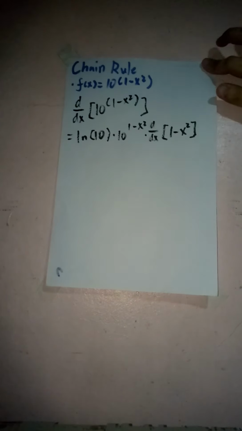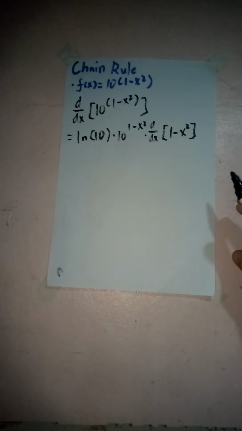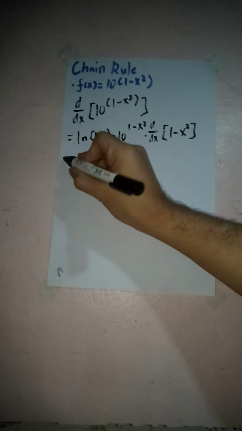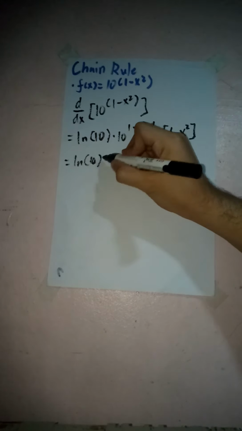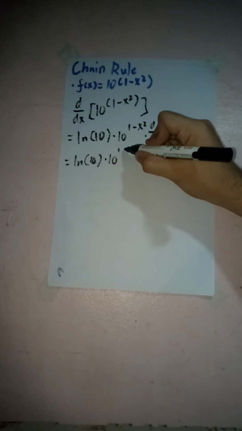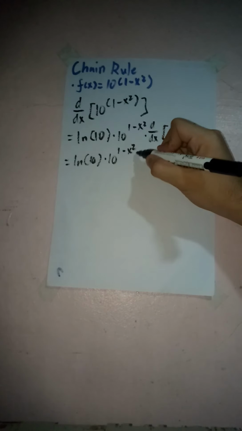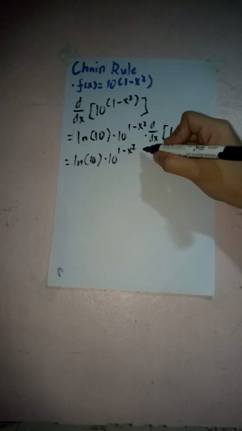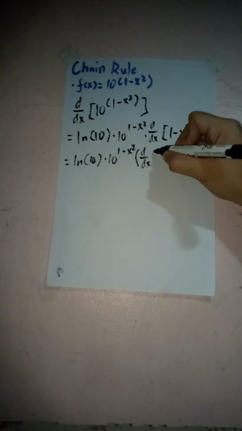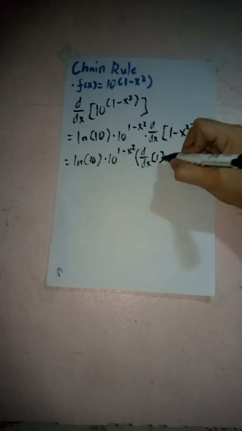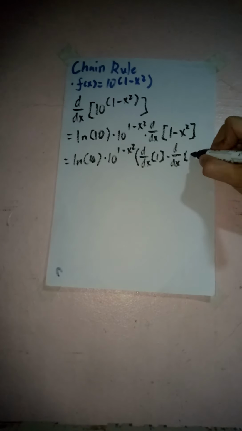And next we are going to get the derivative of these two. So we are just going to rewrite this ln of 10 times 10 raised to 1 minus x squared times the derivative of 1 minus the derivative of x squared.